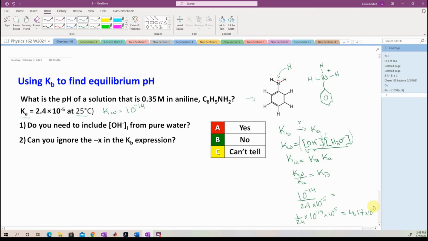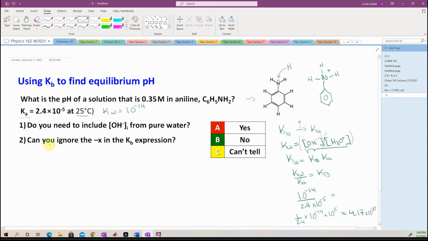Let me just button push that again. 10 to the negative 14 divided by 2.4 times 10 to the negative 5. Yes, of course it equals 0 when you put in the wrong thing. Give me a second. Okay, yep, this checks out.